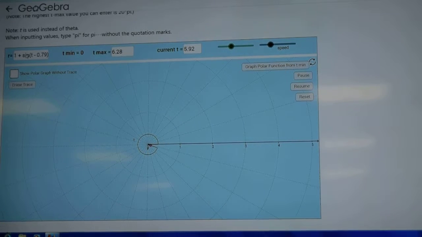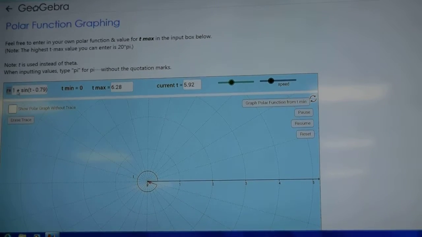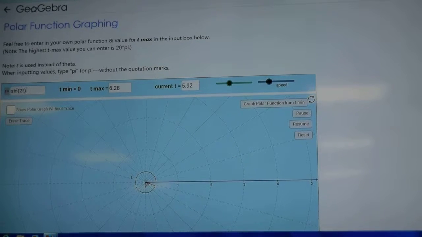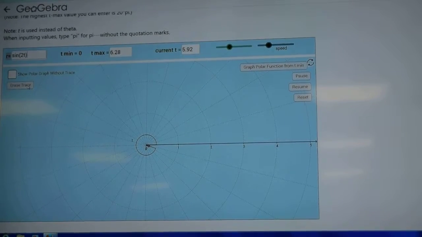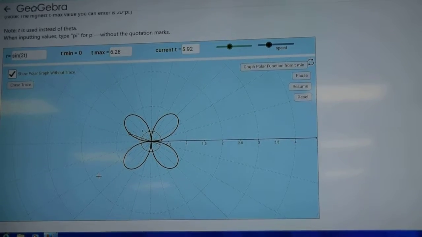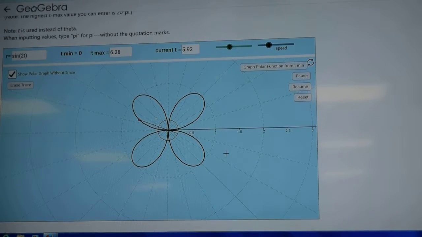Now let me show you some other ones. So if I have, say, sine of 2t, looks pretty simple, but if you draw it, it's a flower, like a flower.